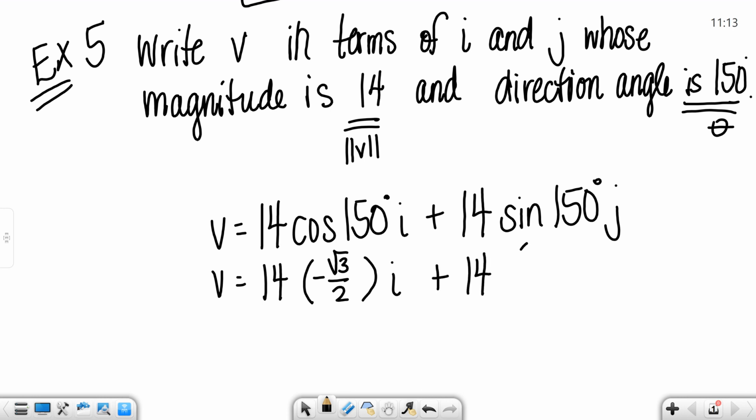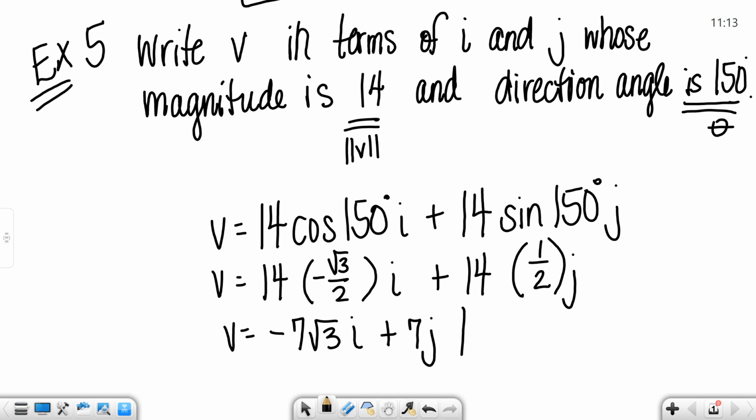The sine of 150 is 1/2. So now I simplify and I get negative 7 square root of 3, i, plus 7, j. There we go. They're in terms of i and j. We have used our magnitude and our direction angle.